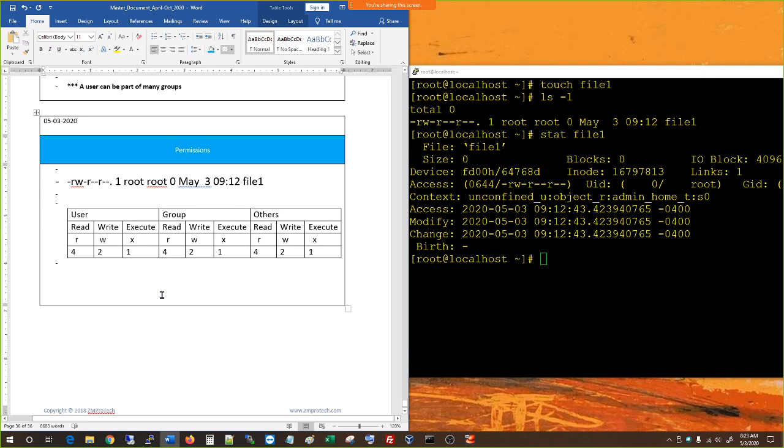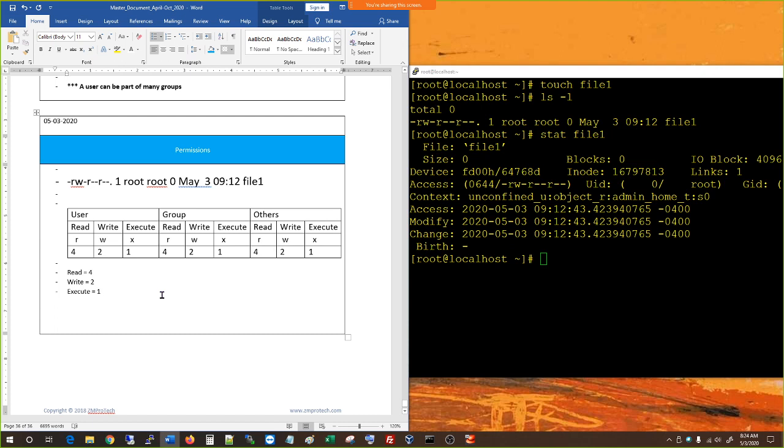So let's see what it means here. I'm gonna write down here read equals number 4, write equals number 2, and execute equals 1.